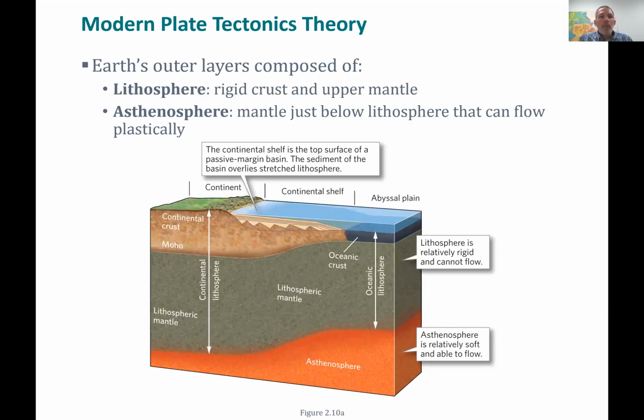Now, as a refresher from last chapter, we mentioned that we have the crust and the mantle, but we could also break down the Earth into two major categories: the lithosphere and the asthenosphere. The lithosphere is these plates. So whenever I'm referring to a plate, I'm really meaning a piece of the lithosphere.